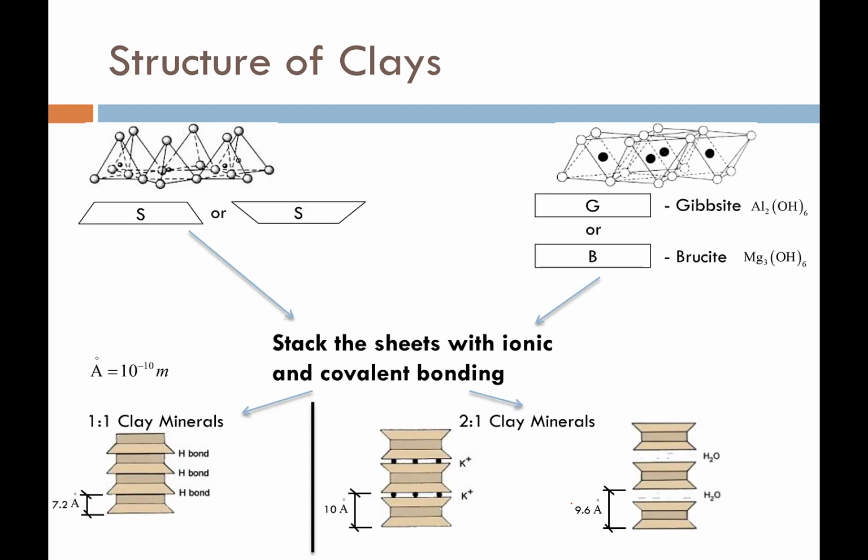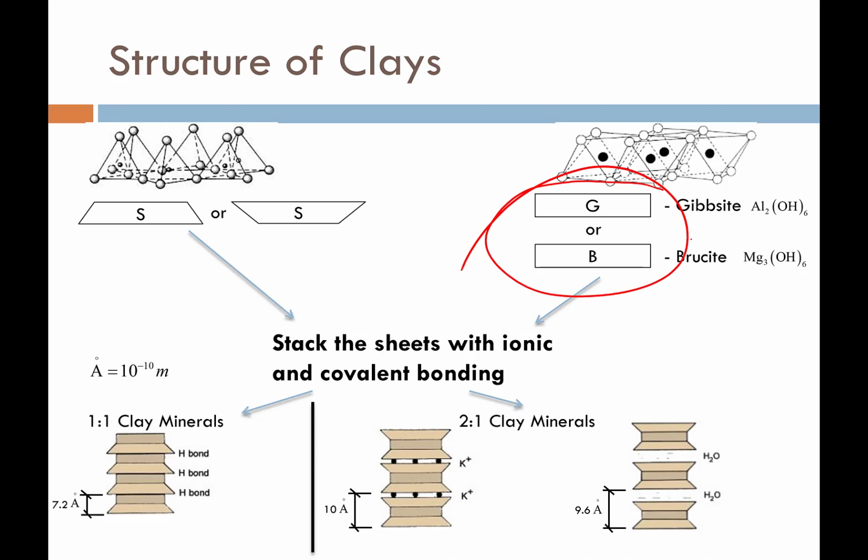So a way that we like to represent these sheets is with shapes, and often with a symbol in the middle of it. That symbol represents maybe the ion or the metallic ion that's in there. So an S, we might say, is silica. And so this shape here, this polygon shape of a trapezoid here, represents a silica sheet. And then the octahedral sheets are represented with a rectangle.